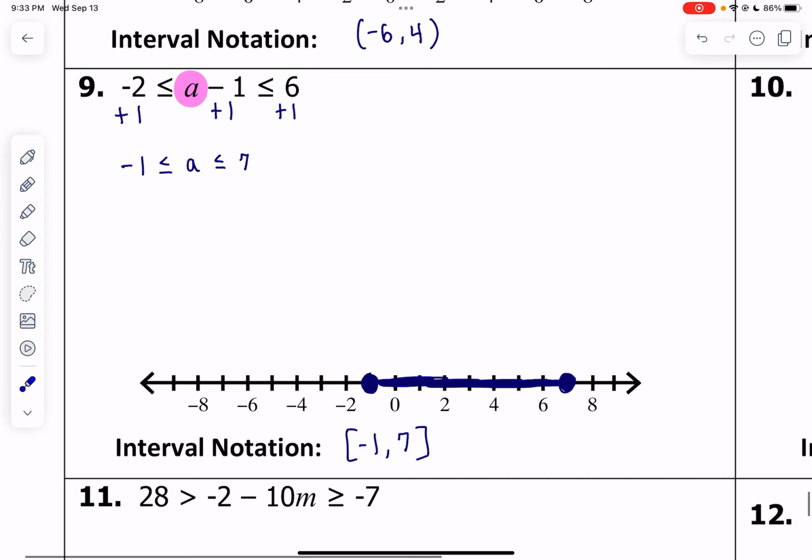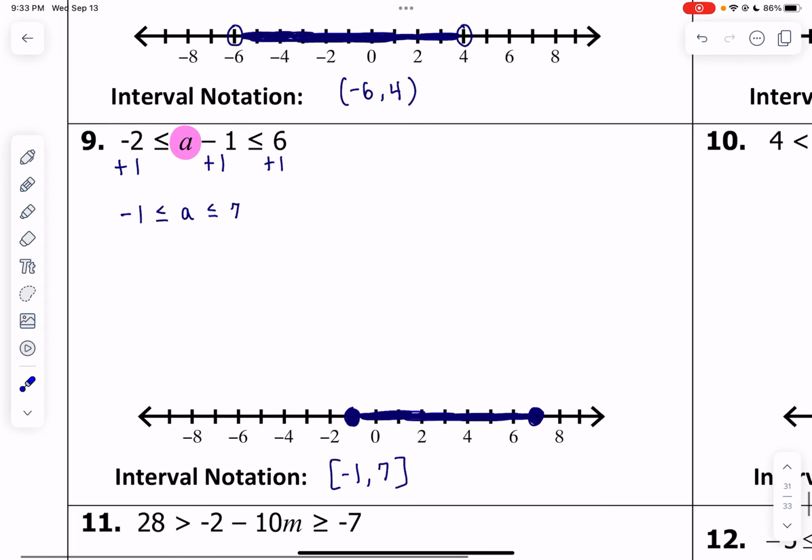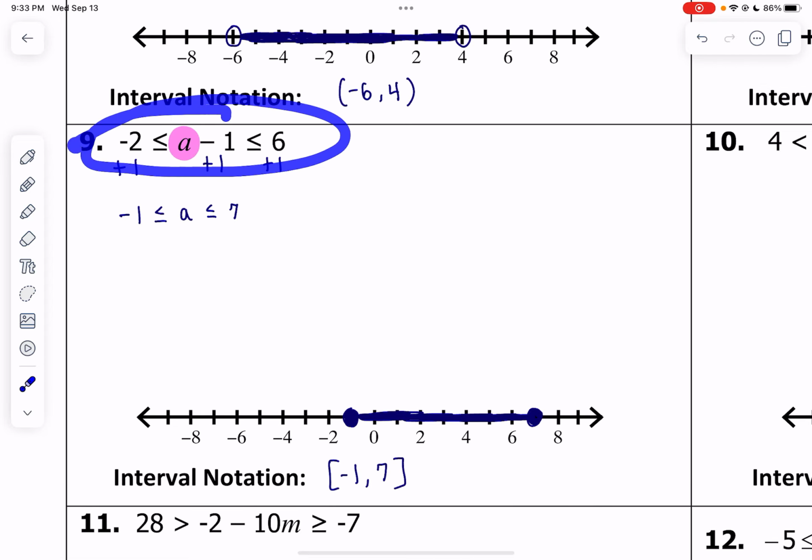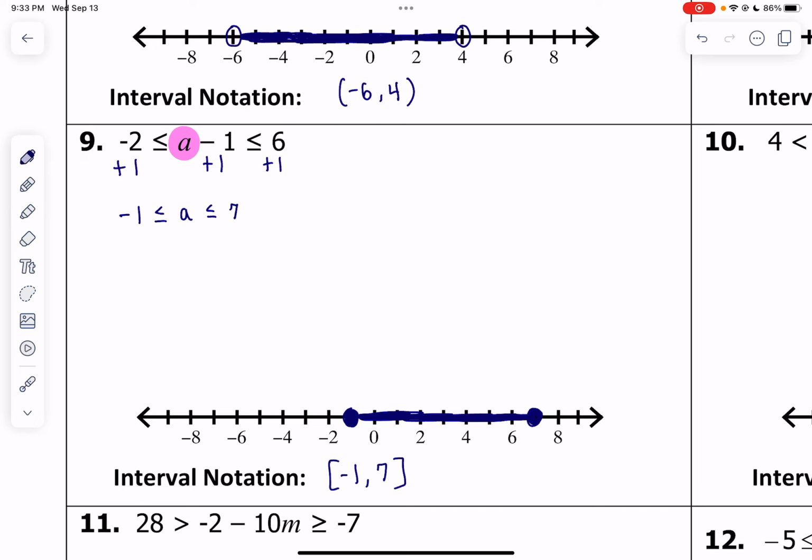So just to recap this question, in the beginning, what they gave you is really just a condensed form, make sure to write this down, a condensed form of the and compound inequality.